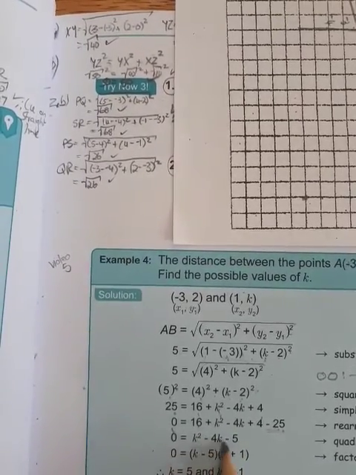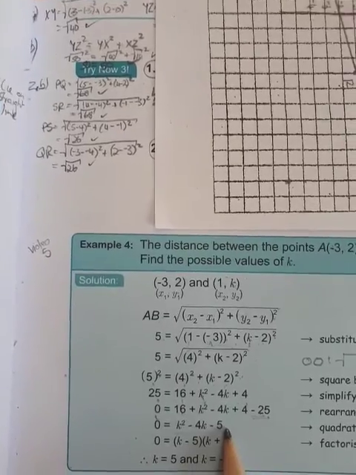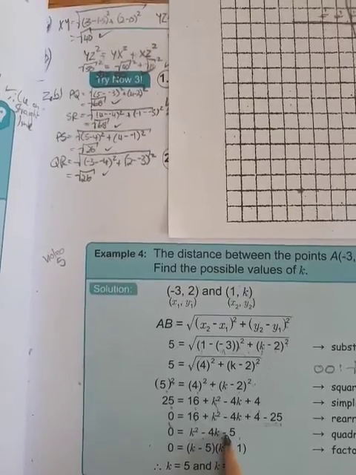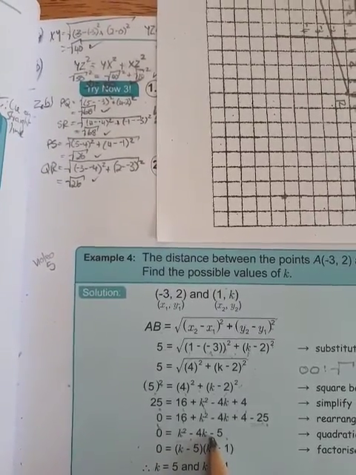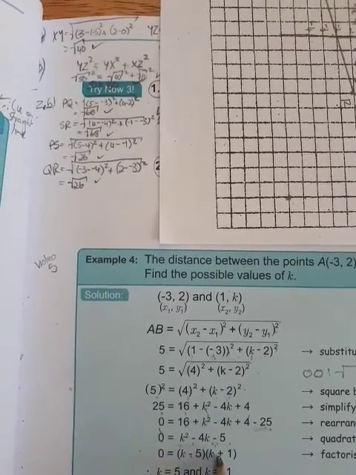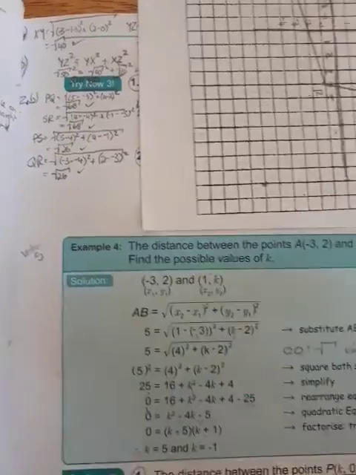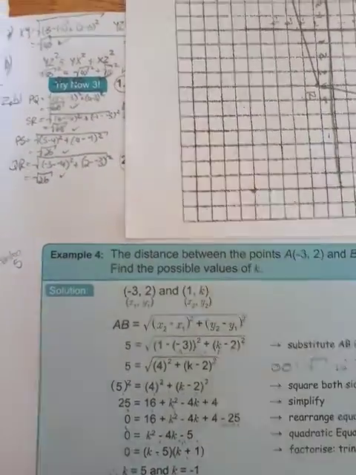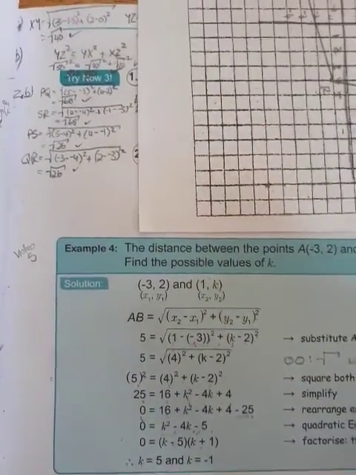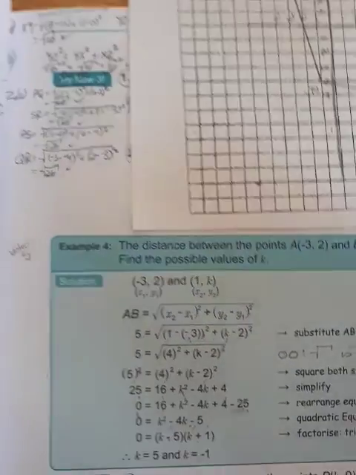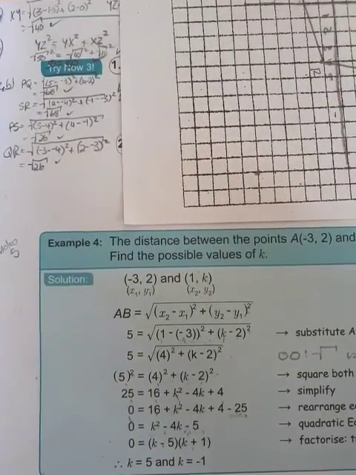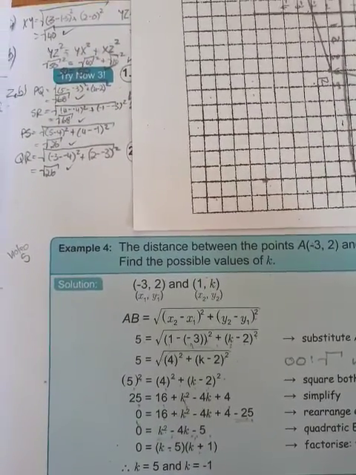This you must now once again recognize as a quadratic equation. It is negative, negative, therefore it is a B1. Because it is negative there and negative there, one bracket must be negative and one bracket must be positive. That is where you take your factors for the k squared, which is 1 and 1, and the factors for your c, which is 5 and 1, and then we cross multiply.